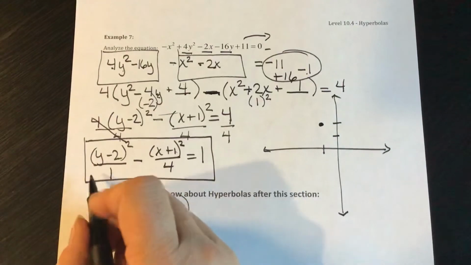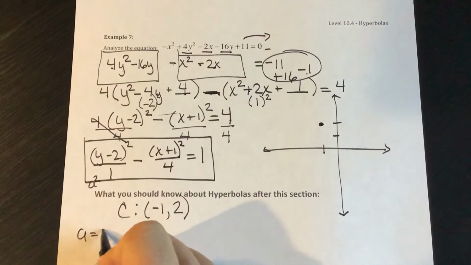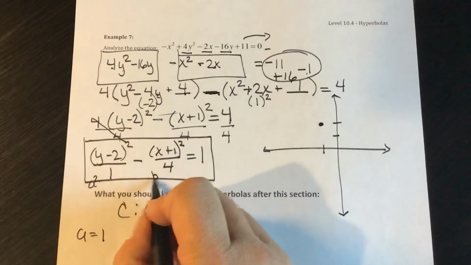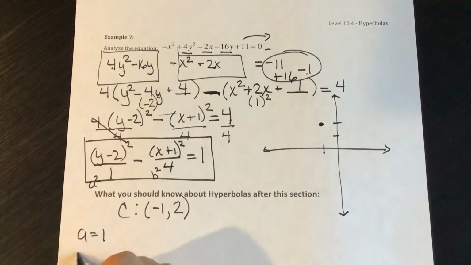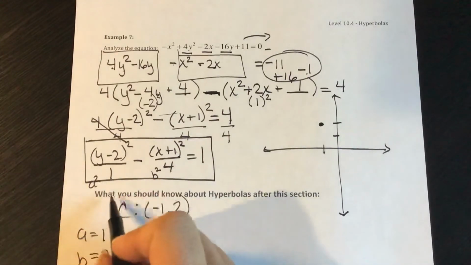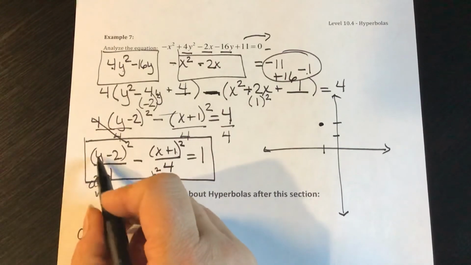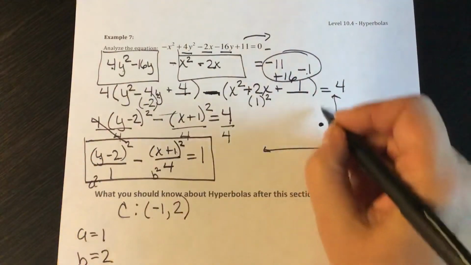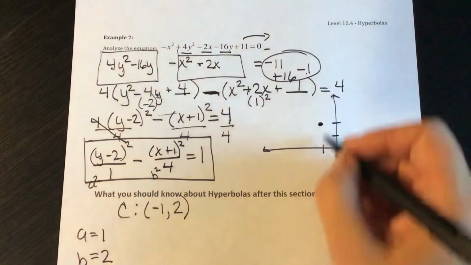And I know that this is a squared, so a is going to equal 1. This is my b squared value, so b is going to equal 2. And the 1 is going to go up and down from the y value.